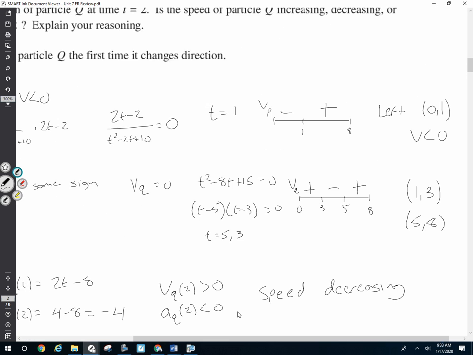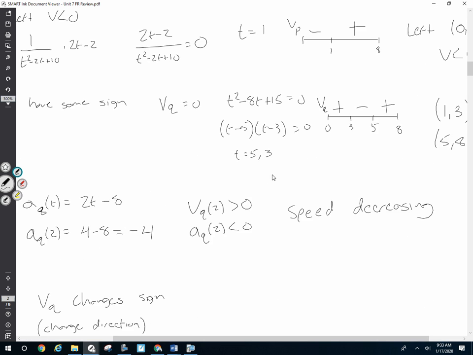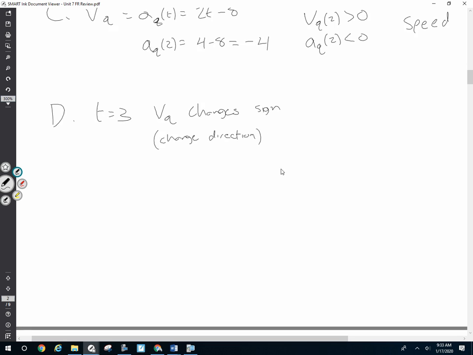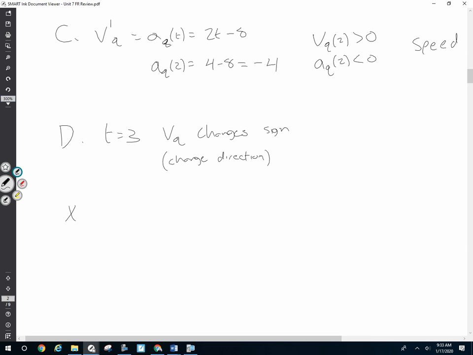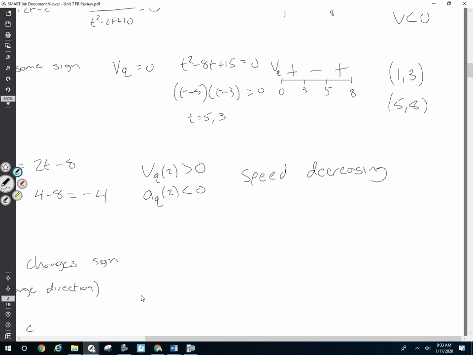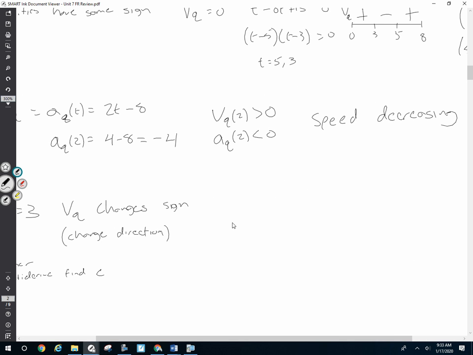Now, two ways to do this. To find x of 3, you could either anti-derive and find c. So x of t would be, let's see, v is t squared minus 8t plus 15.